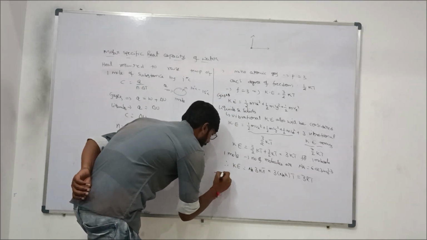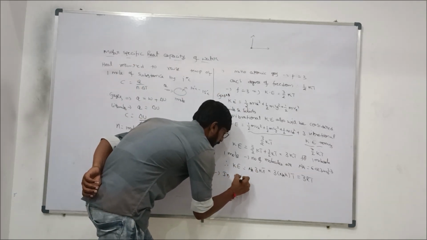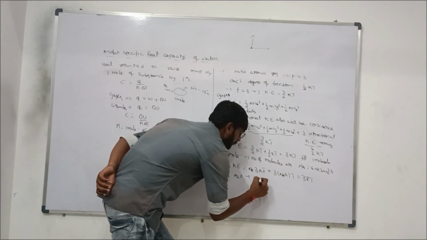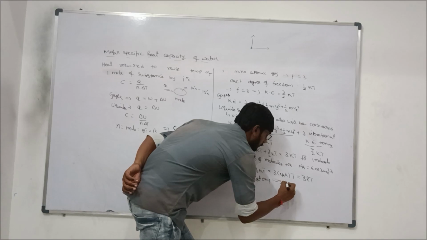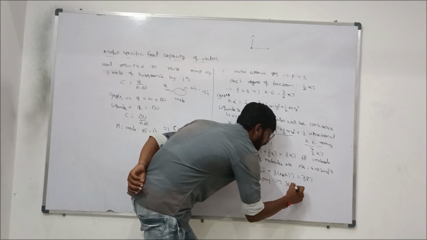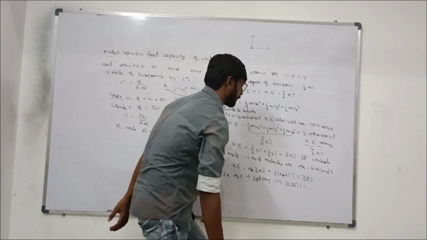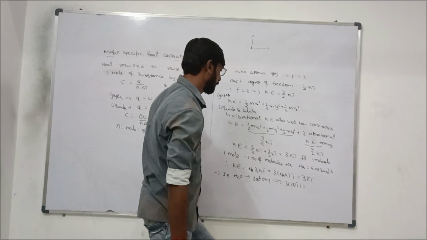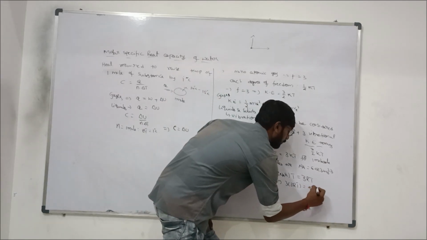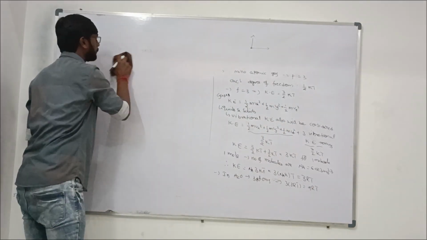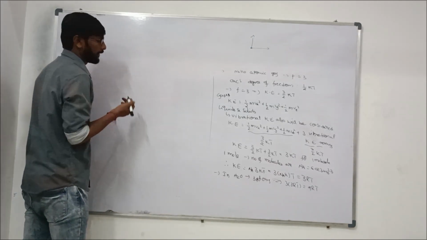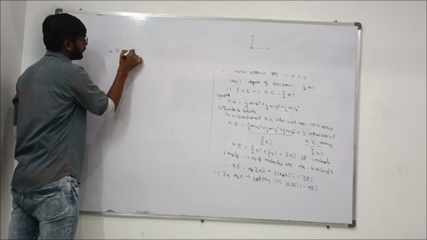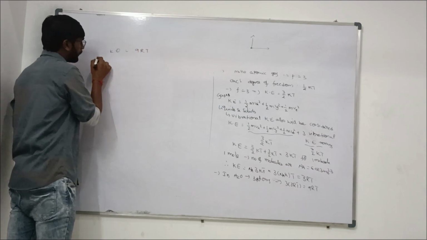So in H2O, 3 atoms are there, that means 3 into 3RT. So here the kinetic energy is 9RT.